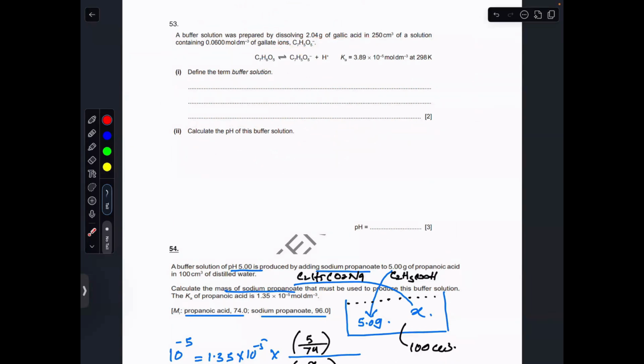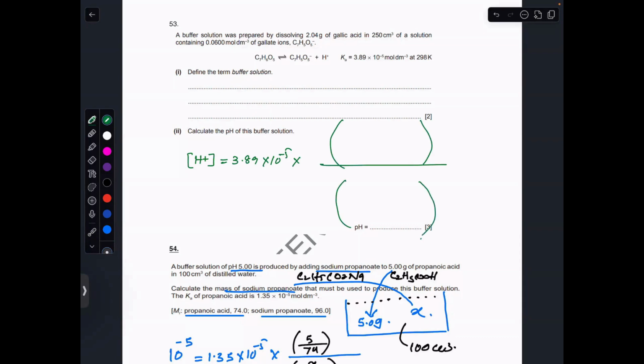So it's a clear-cut weak acid and its salt. So what is your formula? H plus equals Ka into weak acid over salt. The gallate ion is the conjugate base.